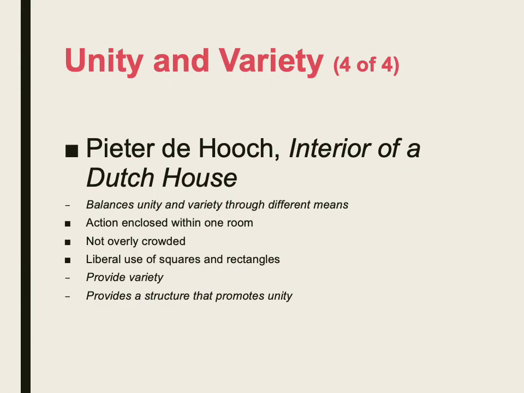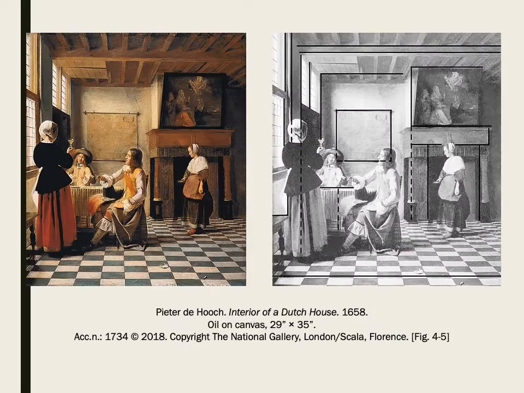And what about this? What brings unity to this painting? Looking at this, we have the repetition of a square in the tiles on the floor. It brings us unity and pattern.